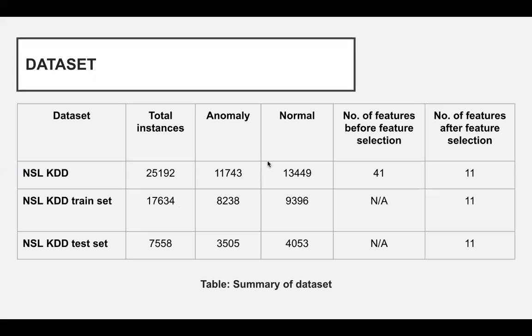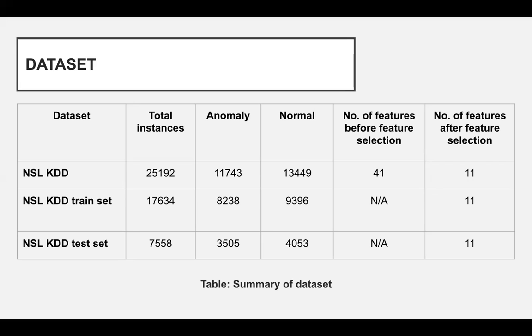So this is the summary of the dataset. The initial KDD dataset has total 25,192 instances, where 11,743 instances are anomaly and 13,449 instances are normal. The training set has 17,634 instances, where 8,238 instances are anomaly and 9,396 instances are normal.